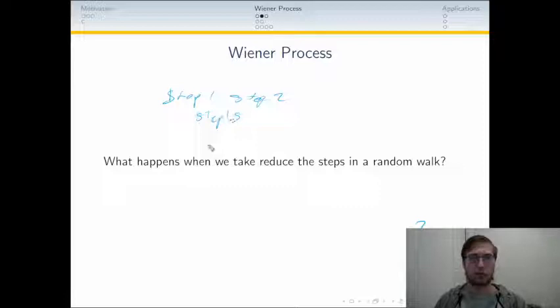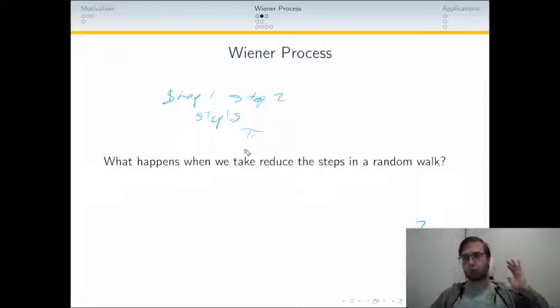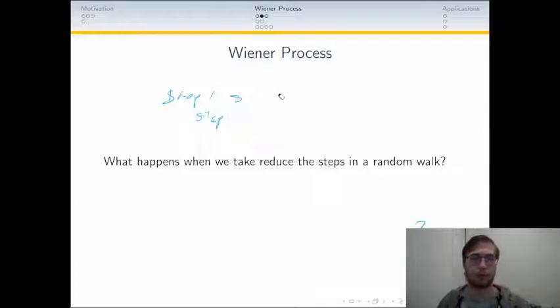What if we had a step pi? What if we just reduce the step size, as a limiting process, so that the amount of time that each step took went to 0? Well, that would turn this discrete random walk into a significantly less discrete system called a Wiener process.